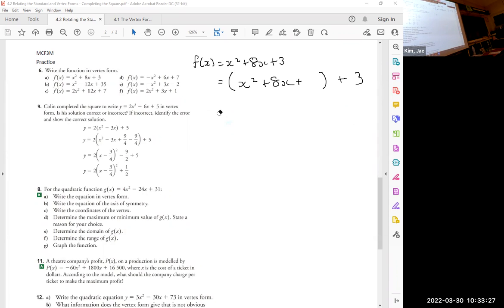In the first example on the front page, I first factored out the a value. Right now, there is no a value. It's just a 1. So even if I divide out a 1, I'm left with the same stuff inside. So we're done that step.